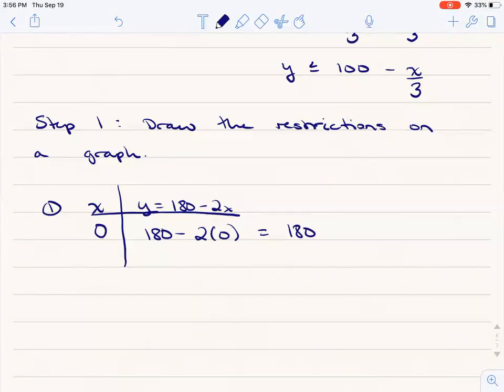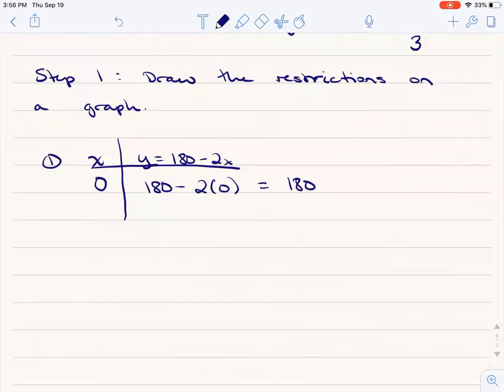Here's a note. Because I'm dealing with 180 minus 2x, if I just did x equals 1 as my next option, that's usually a convenient number, but it's going to be really hard to draw points that close together. So I'm going to use a bigger value of x so that I can have them further apart and still have it easy to see. Because the 180 is big, I want to use a big number.